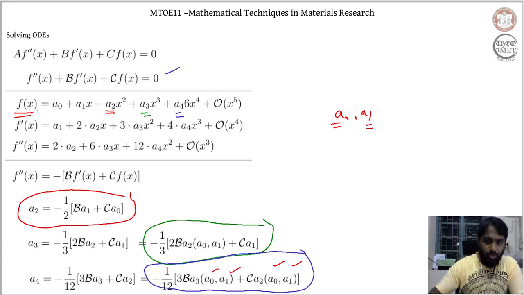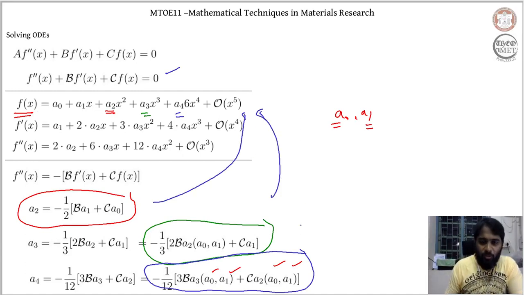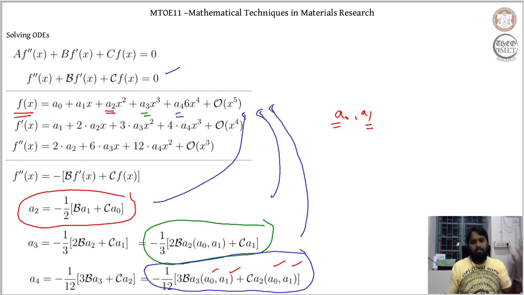So when I substitute all these into my original f of x, and when I want to rearrange them and make sense out of it, it becomes extremely complex.